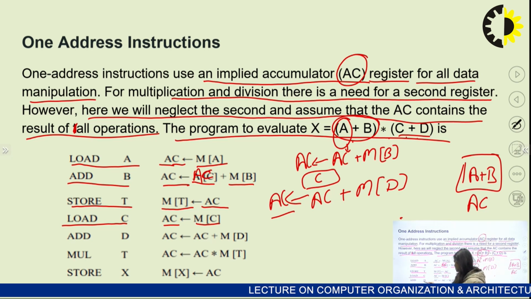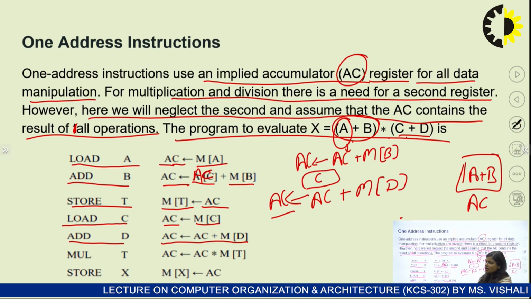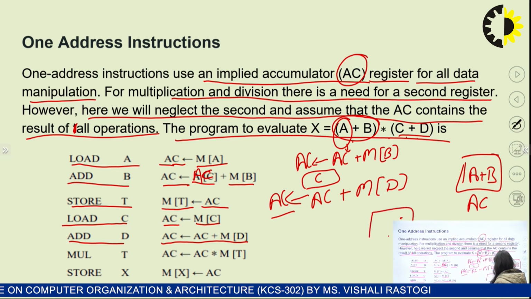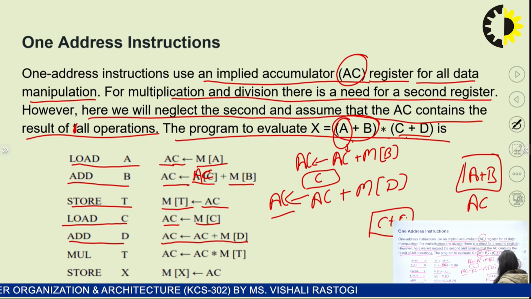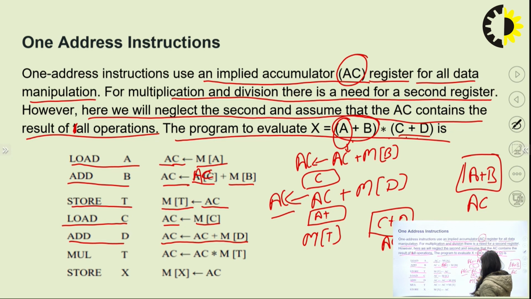So this is ADD D. So AC right now has C plus D, and memory location T has A plus B.